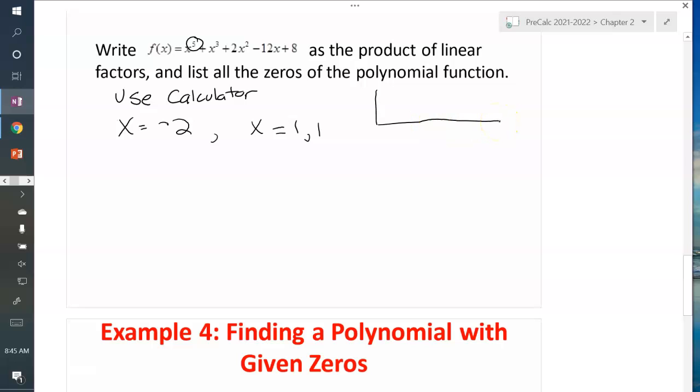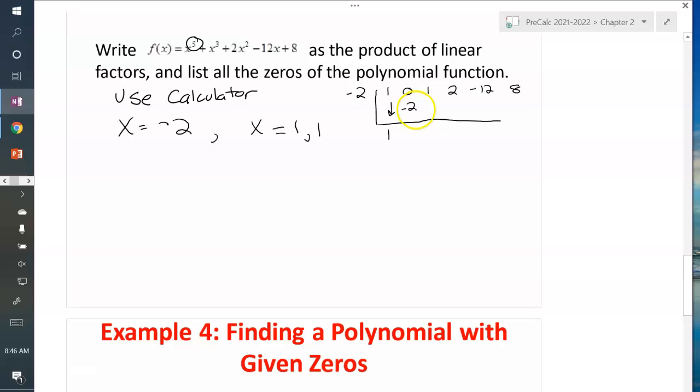So I have a -2 as a 0. So put in my columns, 1 for x to the 5th. I don't have any x to the 4th. 1 for x to the 3rd. 2 for x squared. -12 for x, and then 8. Bring that down. Let's divide this out.